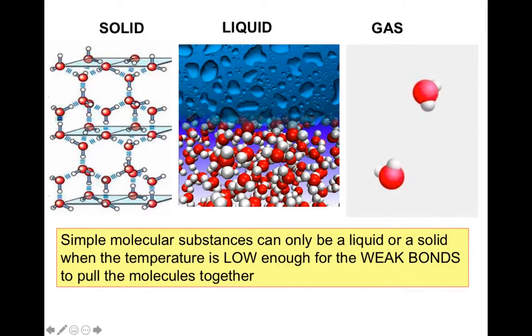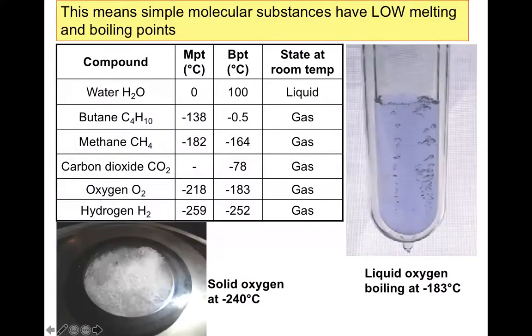So what does this mean for our physical properties? If we think about the fact that we need a low temperature to keep them solid because of those weak intermolecular forces, it seems pretty obvious that they must have low melting and boiling points. We need very little energy to pull apart that weak force and separate the molecules from one another. We've got some examples of simple covalent compounds down here.